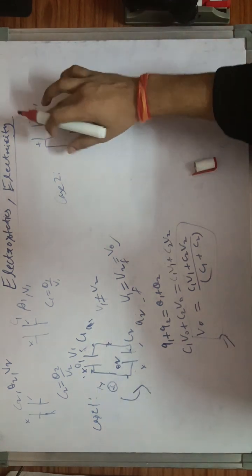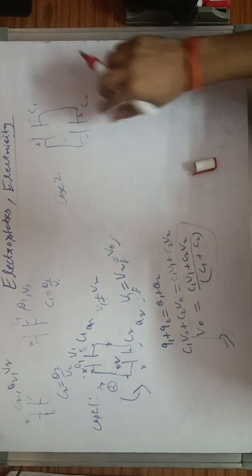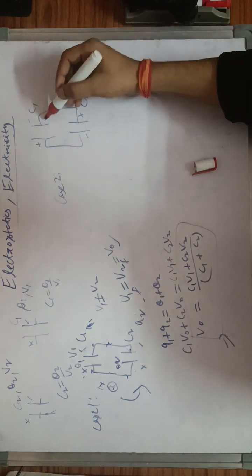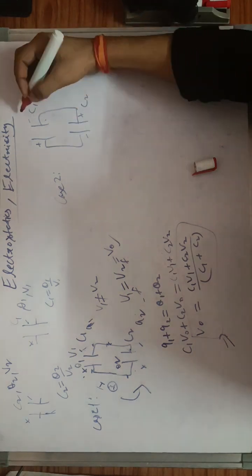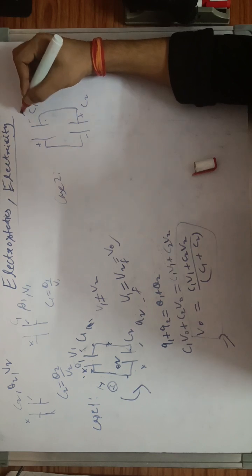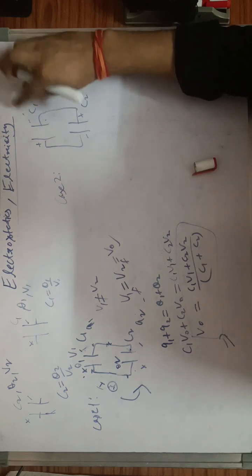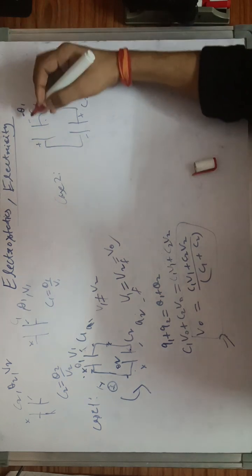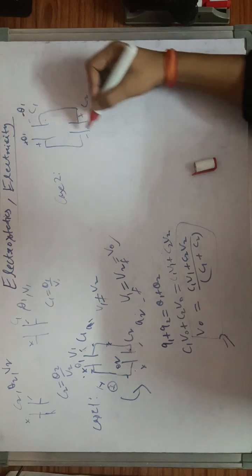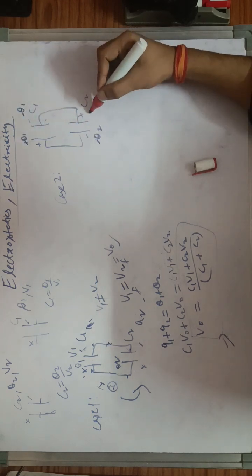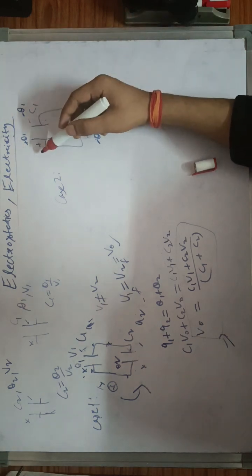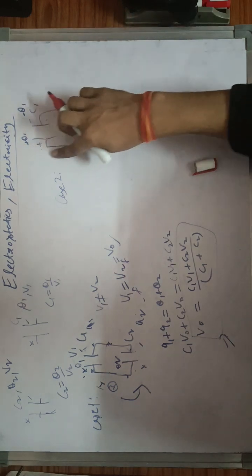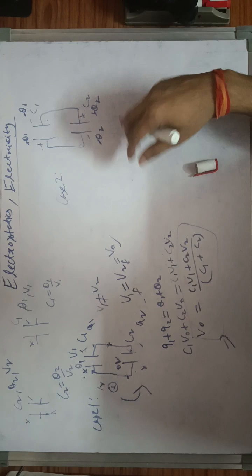And when these two capacitors are connected in the opposite manner, let's say the negative side is connected to the positive side, then initially it has minus Q1 charge, this is plus Q1, this is minus Q2, this is plus Q2. Now let's say some current flows.